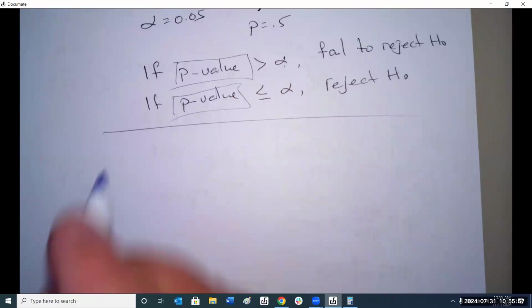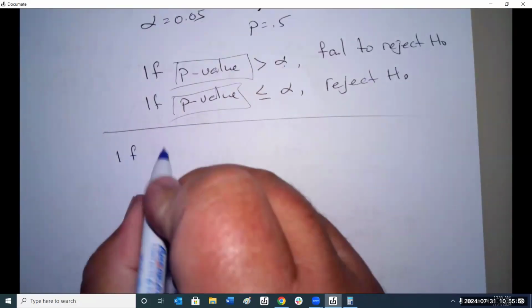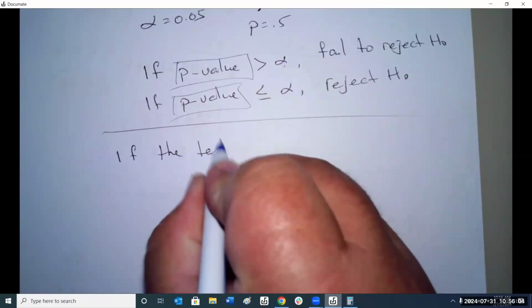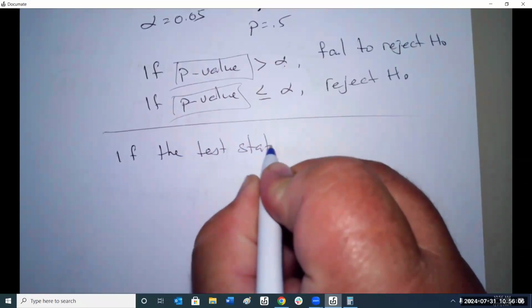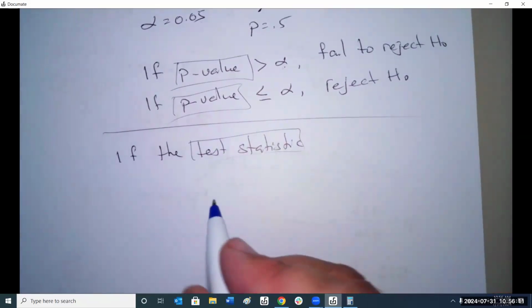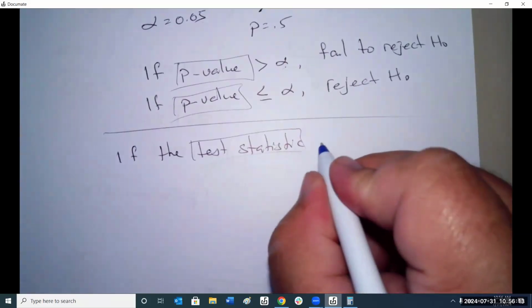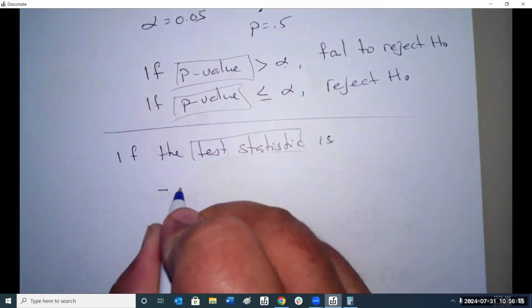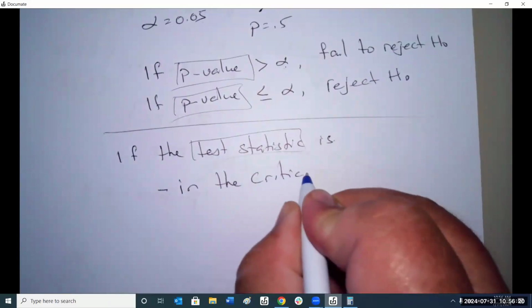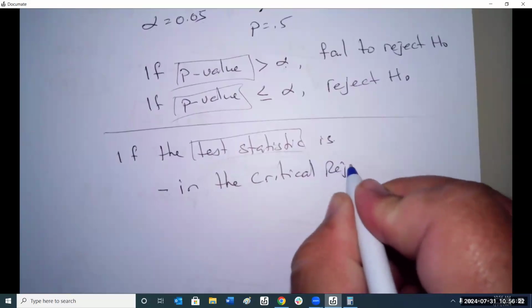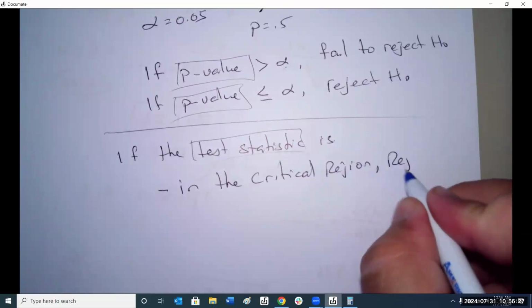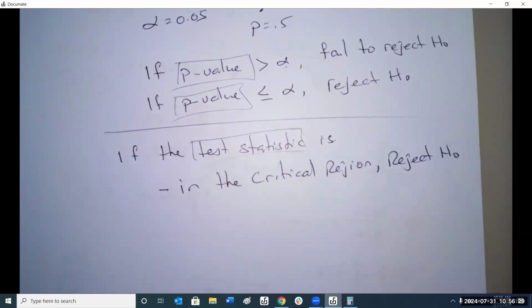In English now, if the test statistic, whatever we get from our calculation, is in the critical region, reject H0.